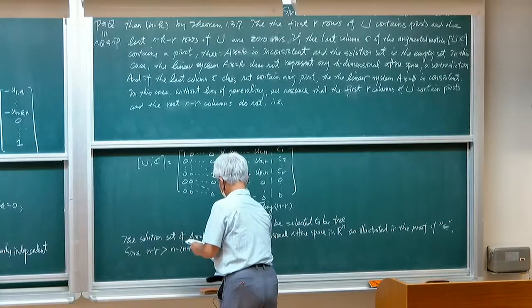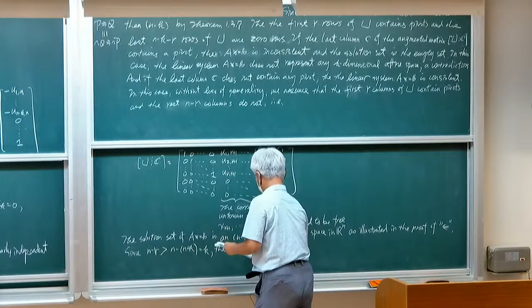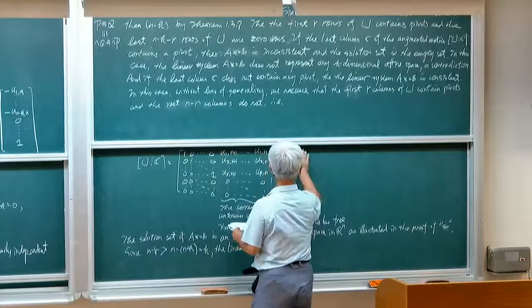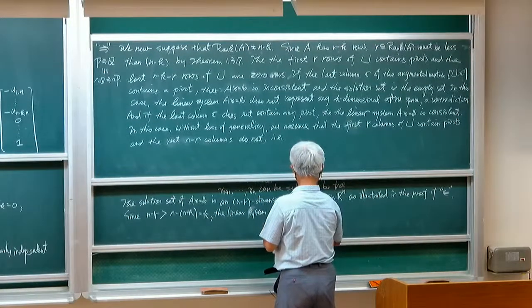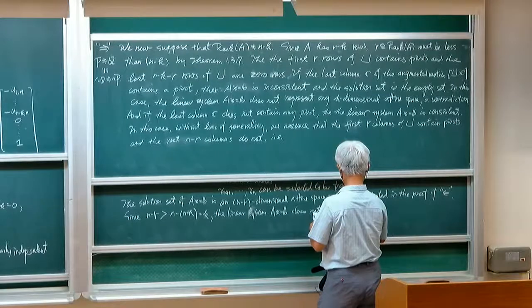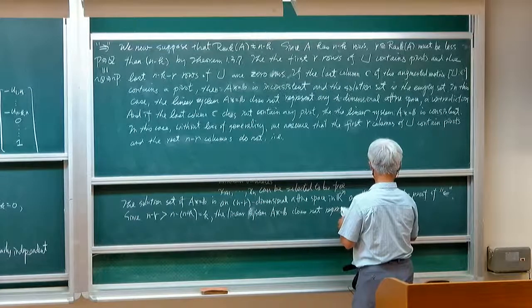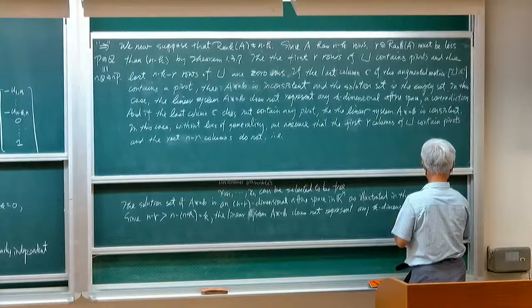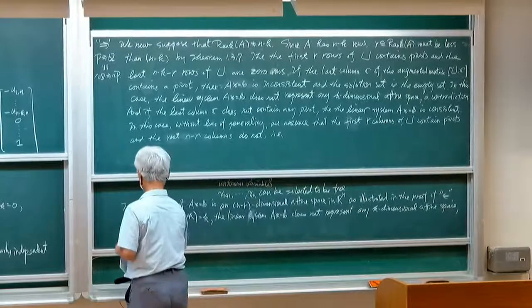So the linear system Ax equal to B does not represent any k-dimensional affine space. So a contradiction again.